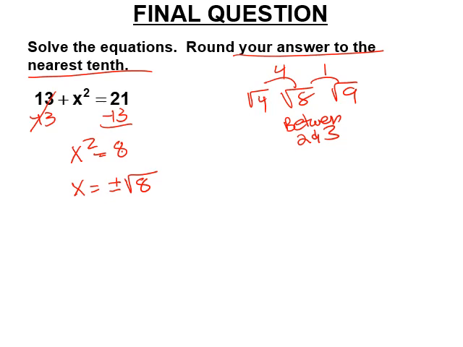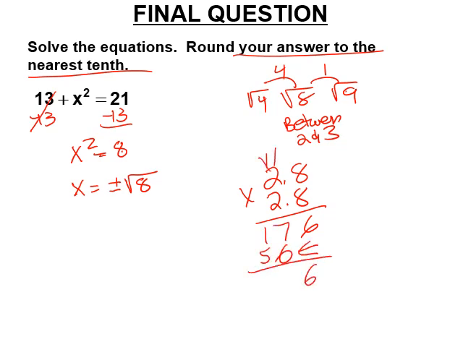So we're thinking 2.8 or 2.9 here, right? Because we're close to 3. Let's do 2.8. That's 7.84. Well, that's a little low, so let's try 2.9.